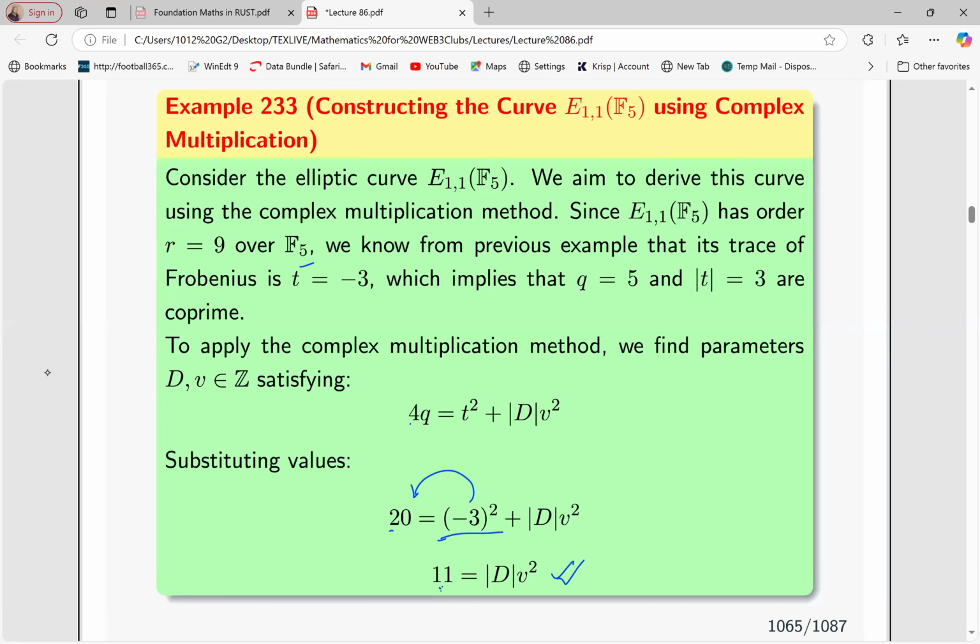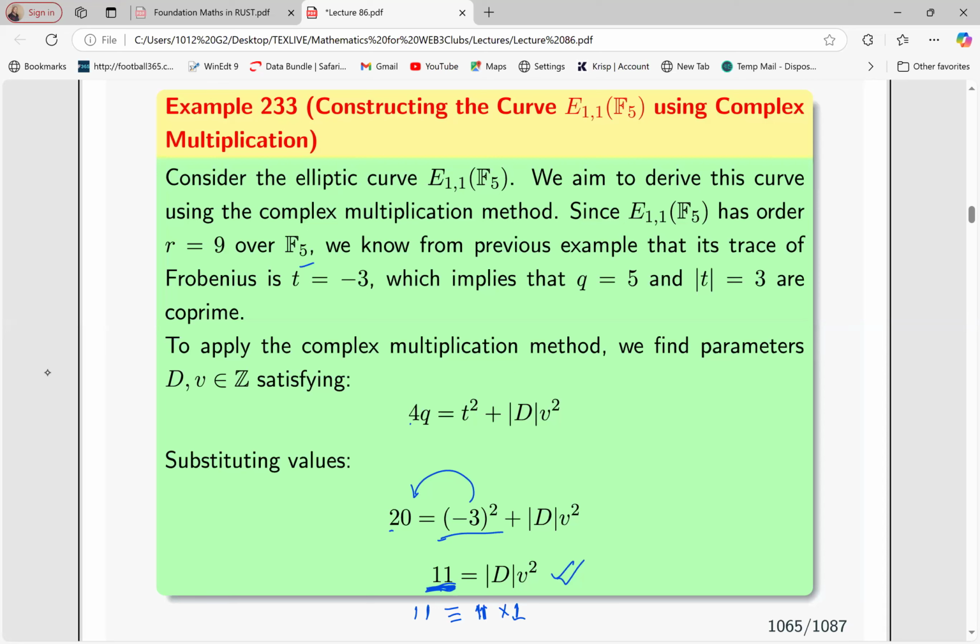Now, this will not always be the case, but for this case you can see that the number here is prime. So this 11 can only be written as 11 multiplied by 1. That's the only way, because it is a prime number.